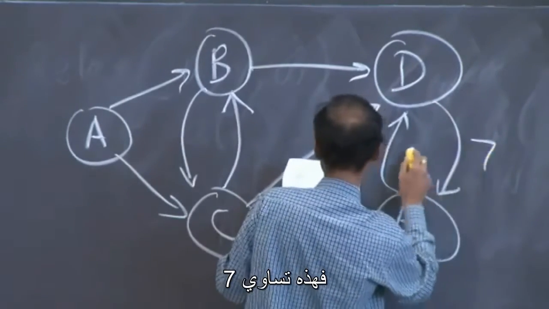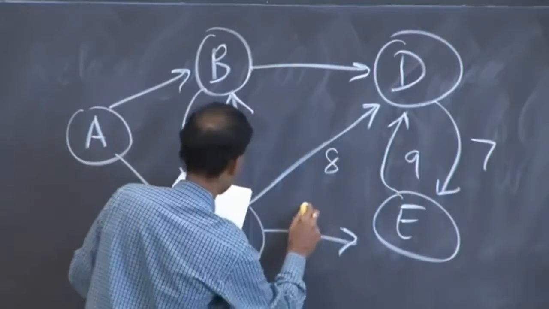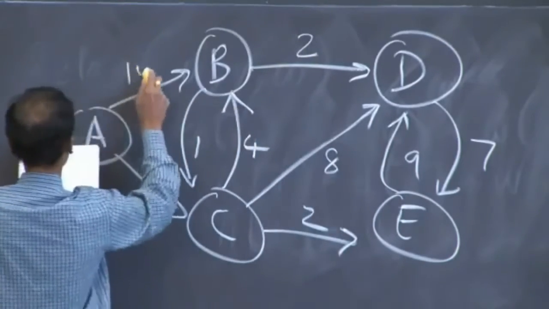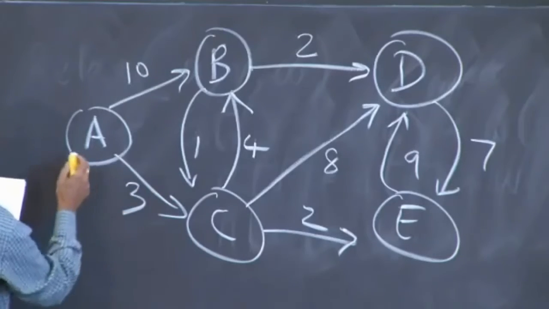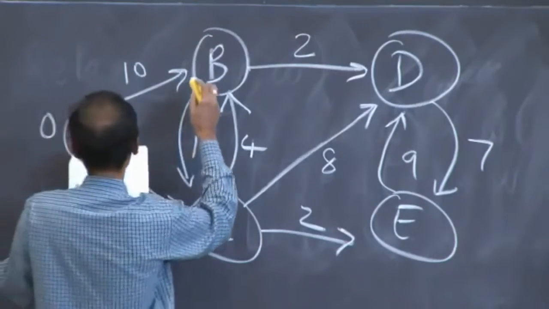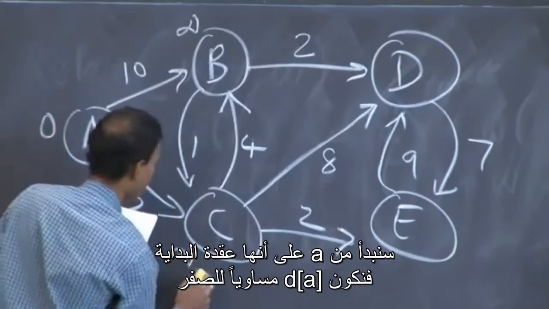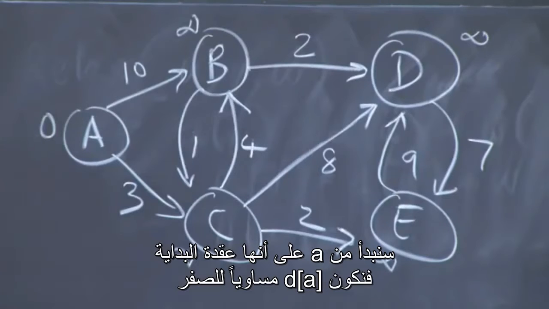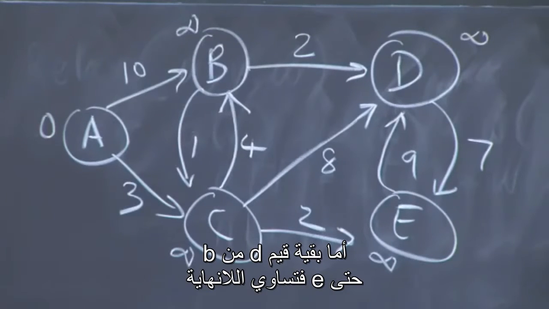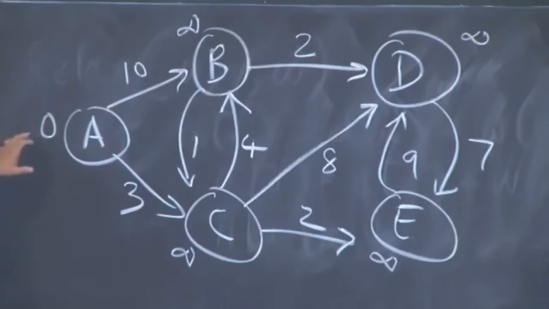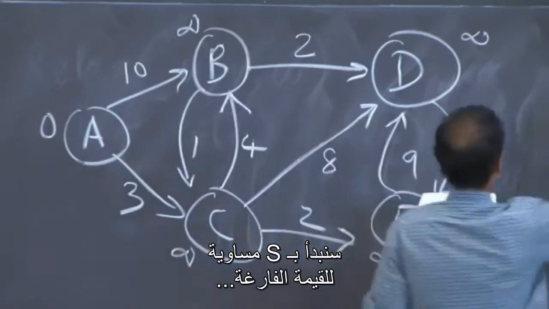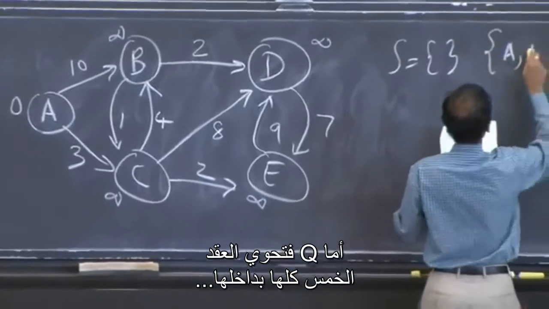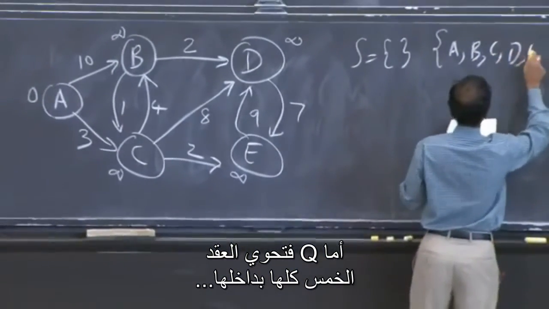You start with A as the starting vertex, so d of A is 0, and d of B through E are all infinity. S is null to begin with, and Q has all 5 vertices in it.